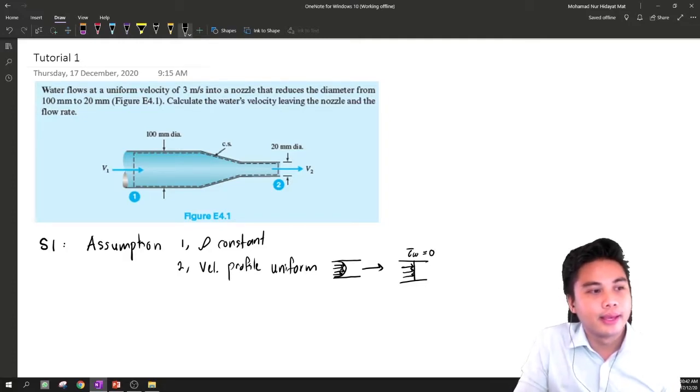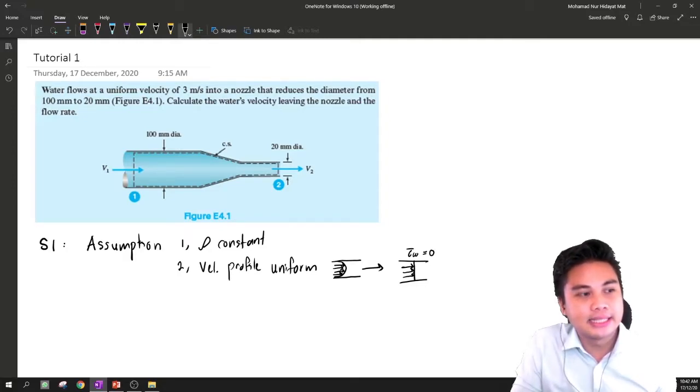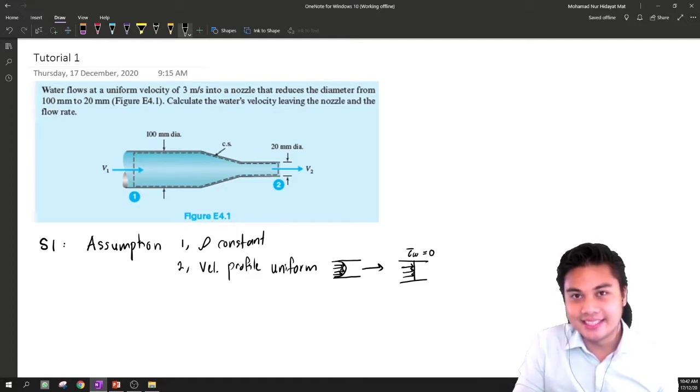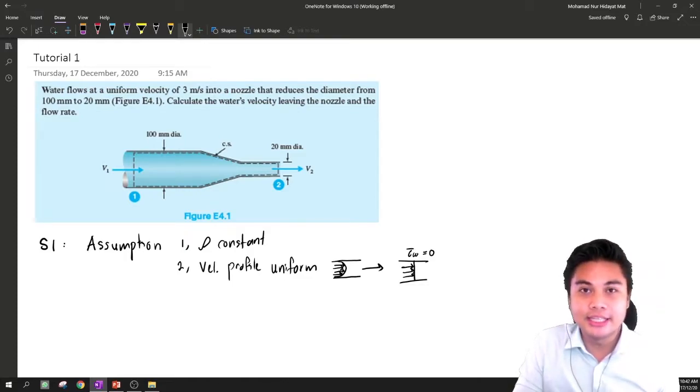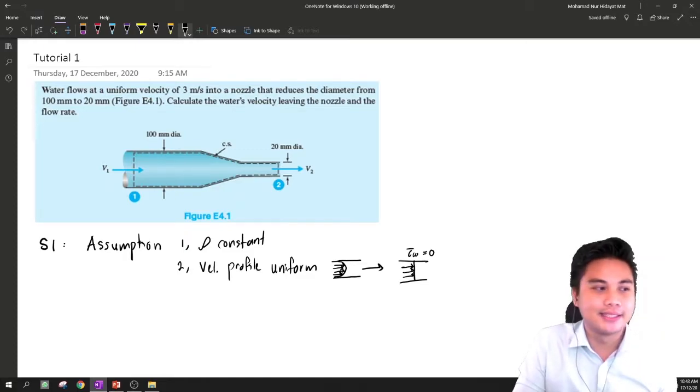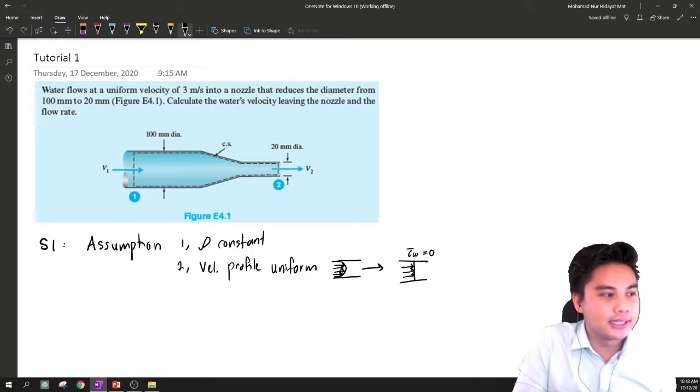Based on the assumption given, the density is constant. Thus, we can use the continuity equation that is derived from conservation of mass. So this is step number 2.